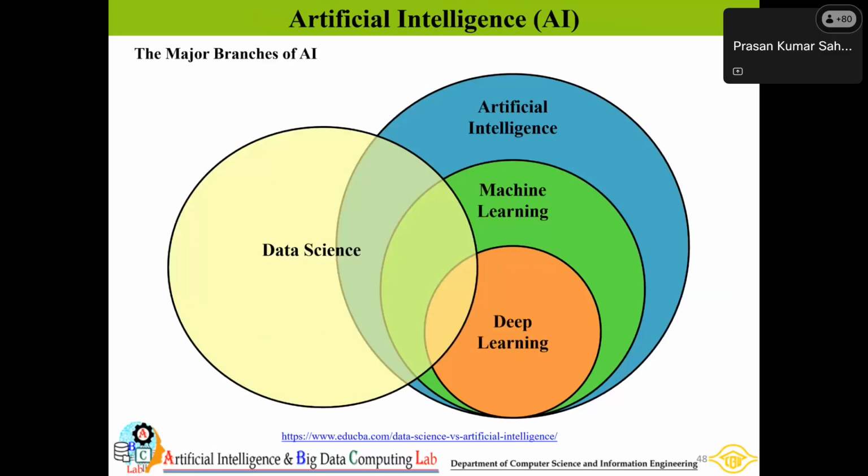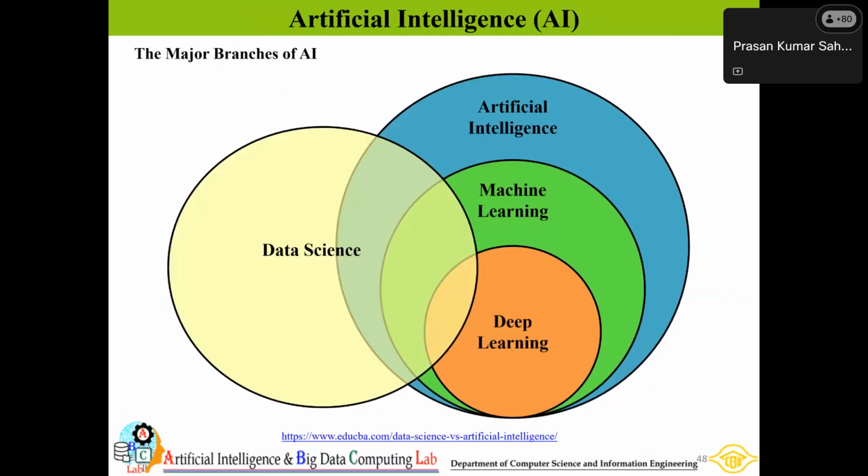As we know, there is some overlapping in data science. Not all data needs to be analyzed using AI. Some data can also be analyzed using statistical tools.